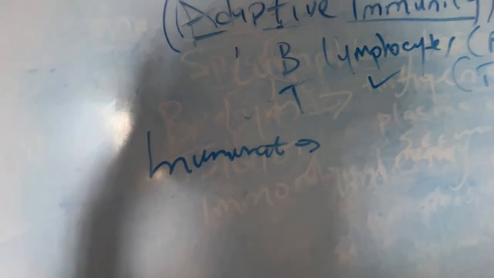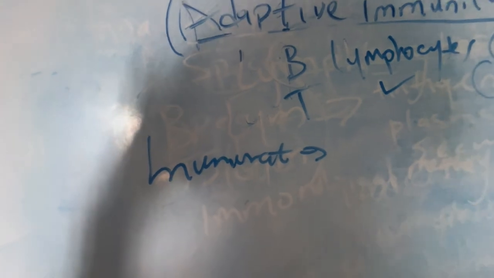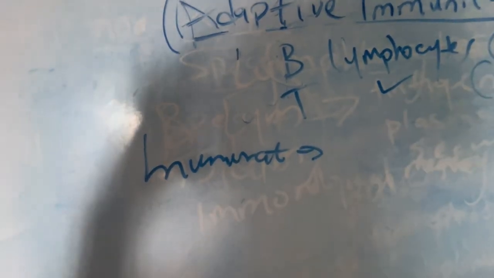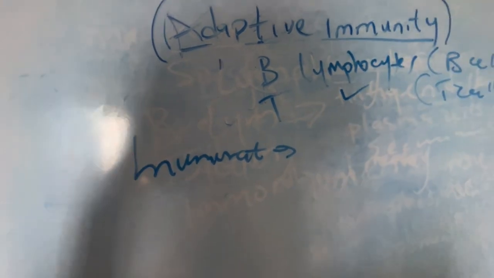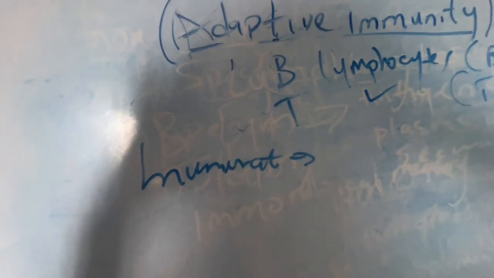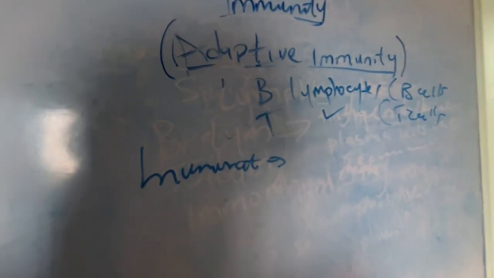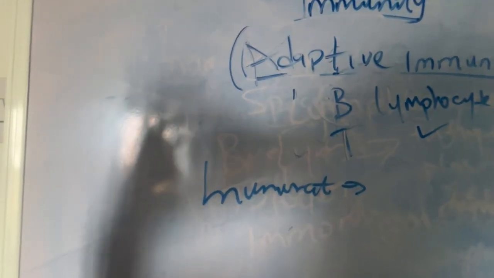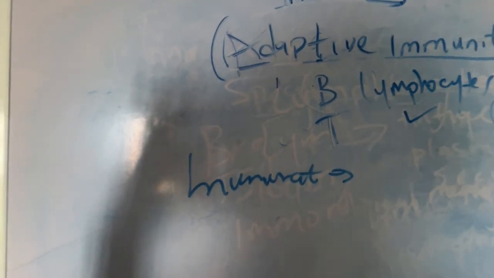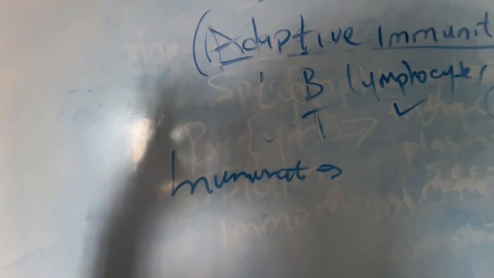Upon sensitization by exposure to an antigen, they differentiate into plasma cells and memory cells. These plasma cells secrete antibodies that bind to the antigens, while the memory cells remain, and on future exposure to that antigen, confer immunity to you. So when you hear humoral immunity, you know it's the B cells or the B lymphocytes that are involved.